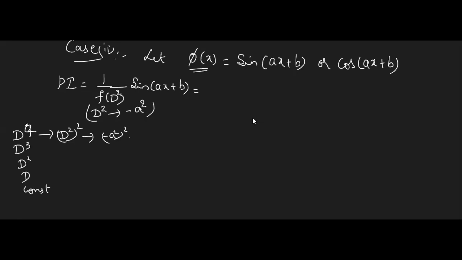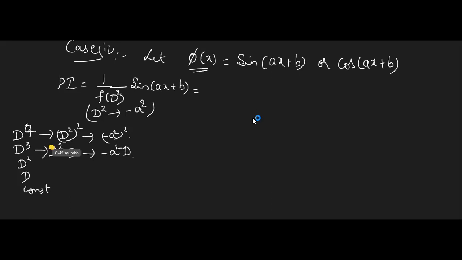Got it? So suppose you have a d cube term, how can I write it in terms of d square? d square into d is d cube, right? So only d square has to be replaced, and d is kept as it is. It becomes minus a square d. D cube should be written as d square into d and only d square you replace.